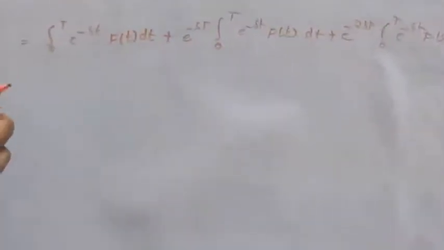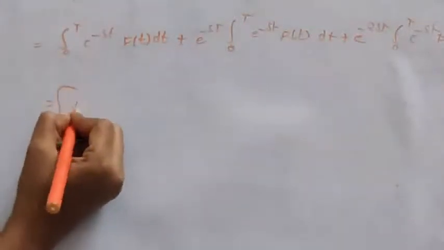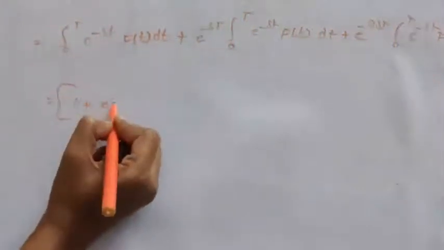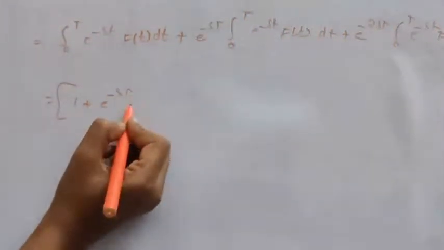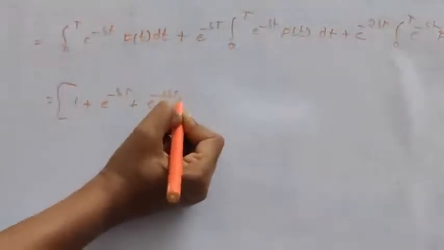If you take that term as common, what will you get? 1 in the first term, e power minus sT in the second term, e power minus 2sT in the third term, and so on.